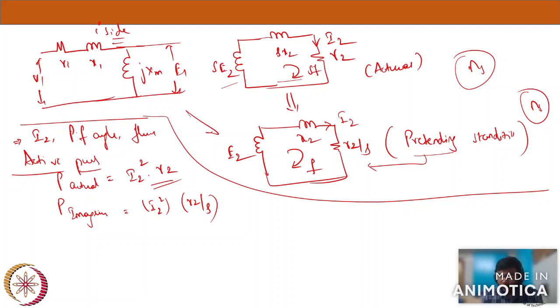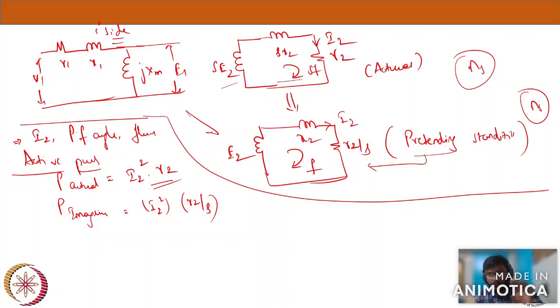But if you look into the secondary circuit, because of the change you have made, the active powers in both cases are very different. My imaginary motor is drawing much more power than the actual. Now, how to justify this? So there comes the picture of mechanical power here.